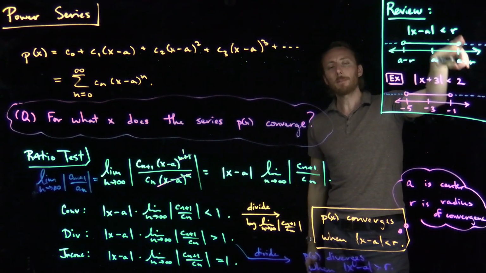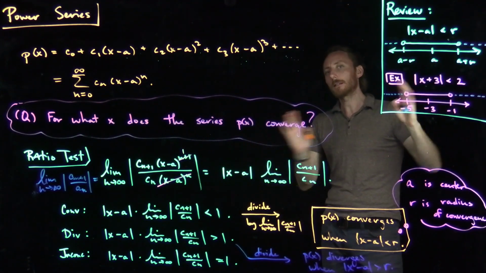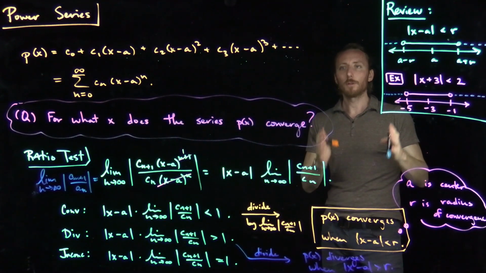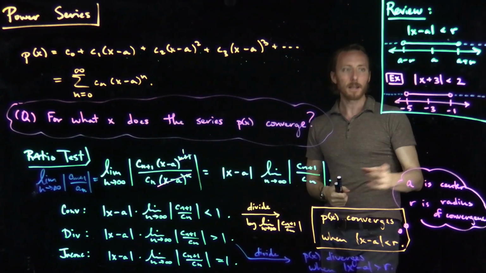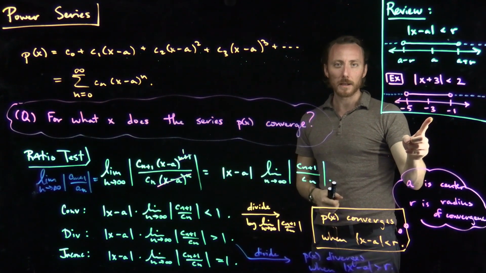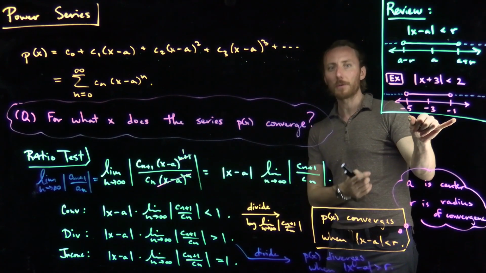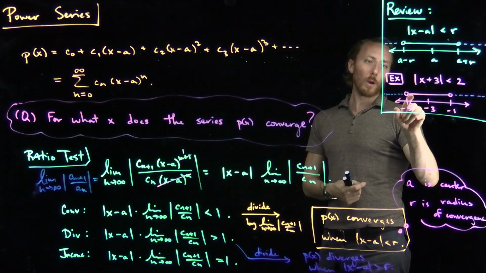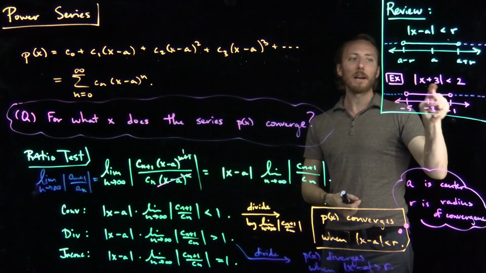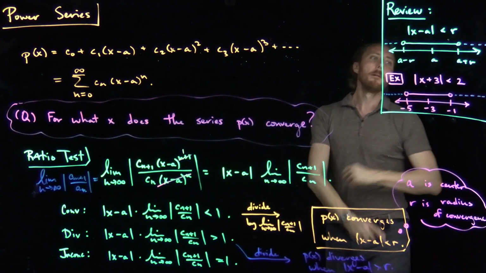So both of these pictures are iconic symbols of what an interval of convergence for a power series looks like. It's always centered around some point. It's always got some radius of convergence extending in both directions from that point. Within the radius of convergence, we guarantee convergence by the ratio test.